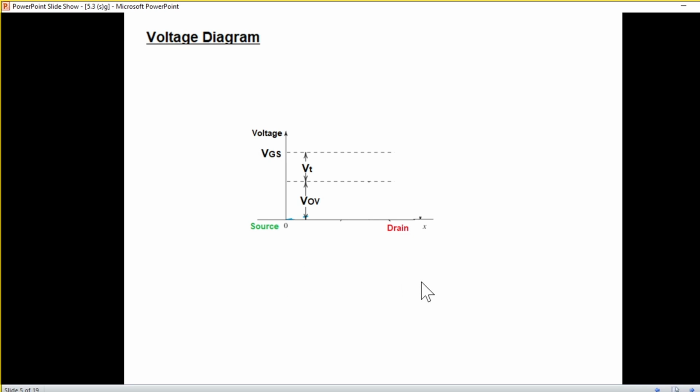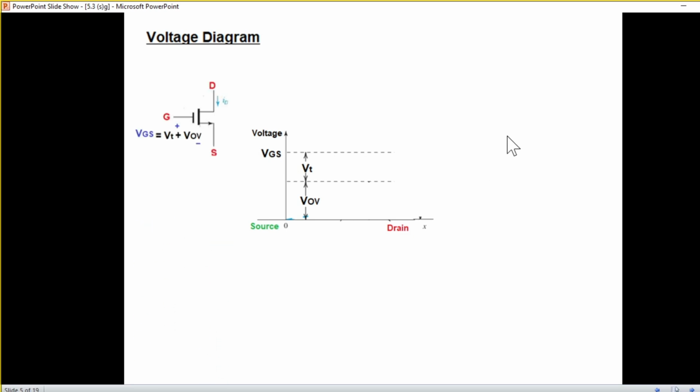Now, another diagram which we'll be using throughout, a very important diagram, is if we draw a line from source to drain, and at the input side we have the voltage VGS. VGS can be divided into two parts, VT and VOV.